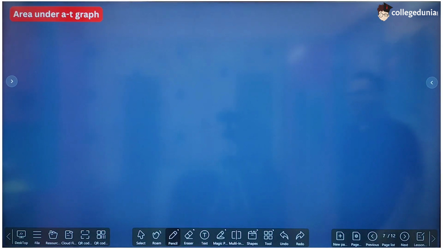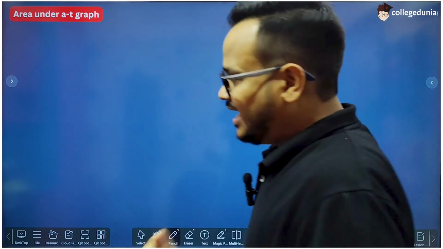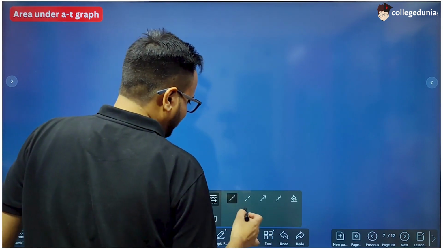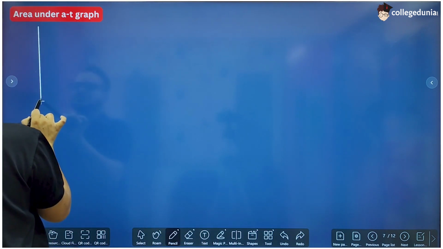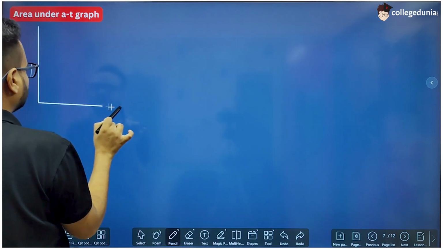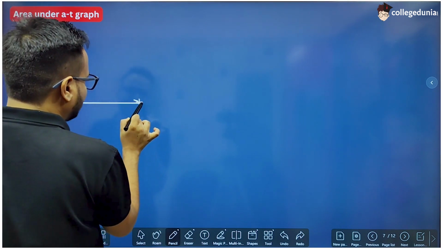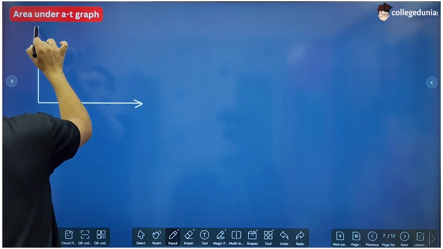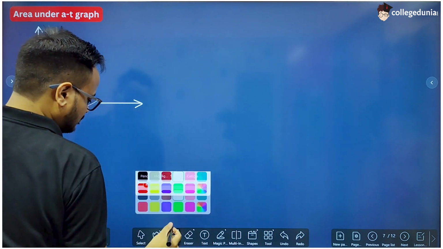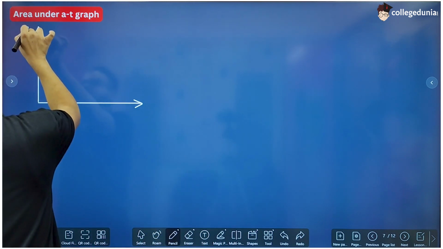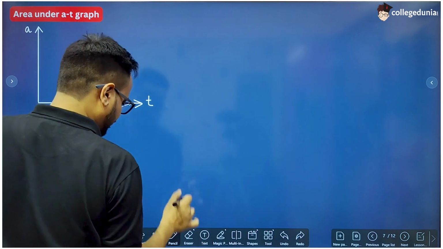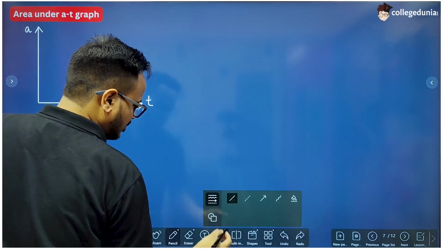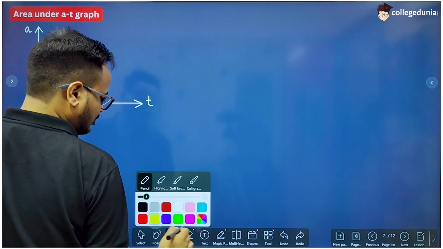Now we are interested in knowing the area under the acceleration time graph. We want to know what is the physical quantity which is represented by the area under the acceleration time graph. So now let's make that graph again, any one of the graphs.